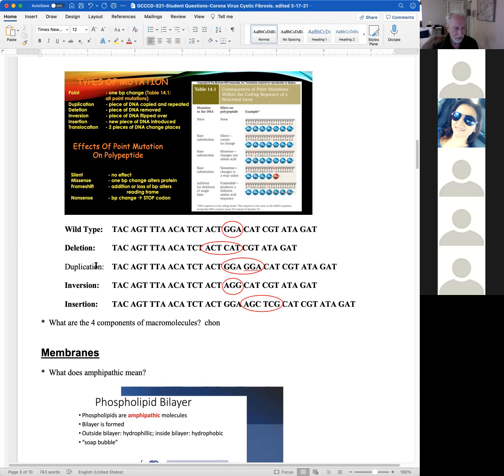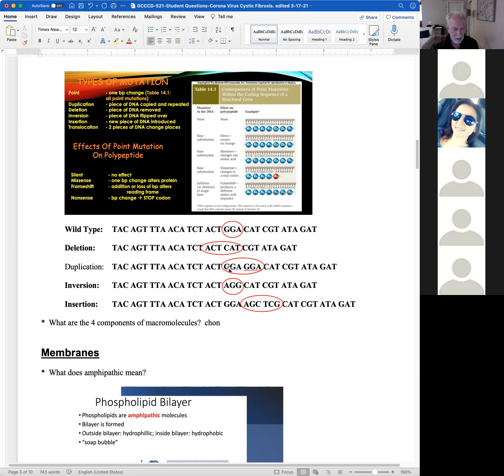What about a duplication? Well, if we do the same thing, comparing wild type with mutant, the sequence is the same as you go along. The AACCTT is the same. GGA is the same, but then instead of going to CAT, the next codon, you get GGA again. It's duplicated.